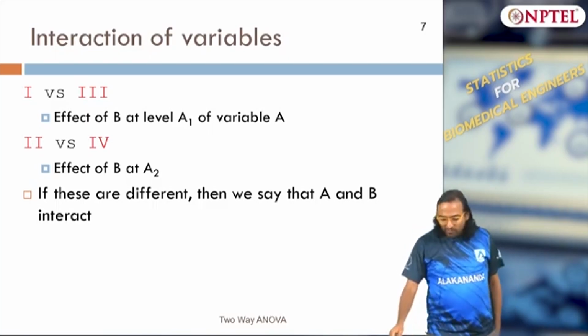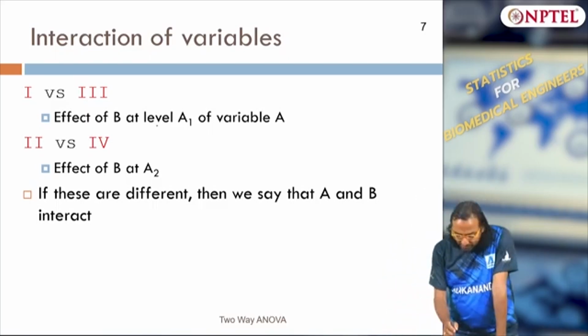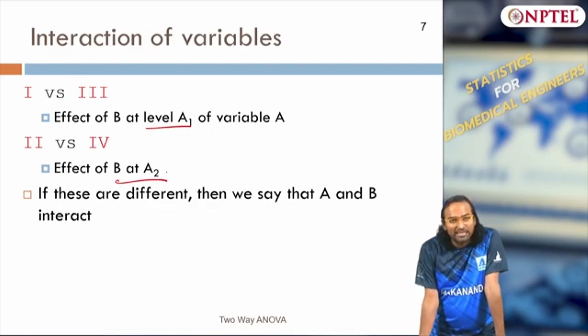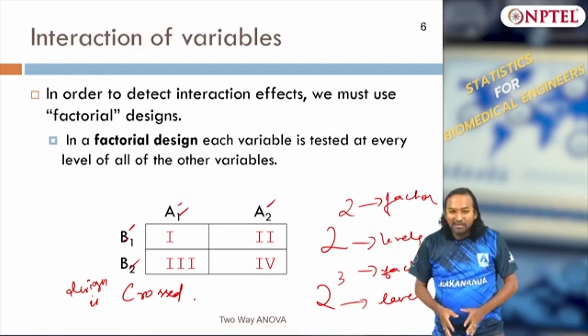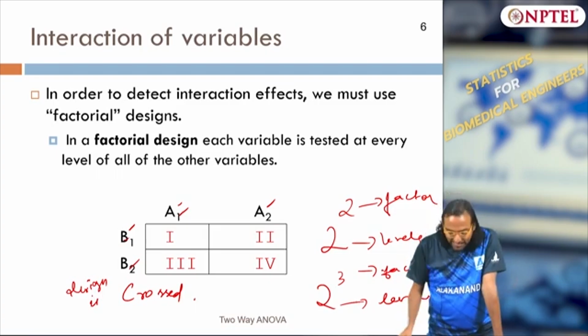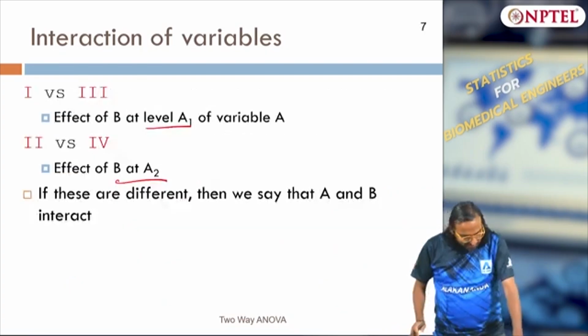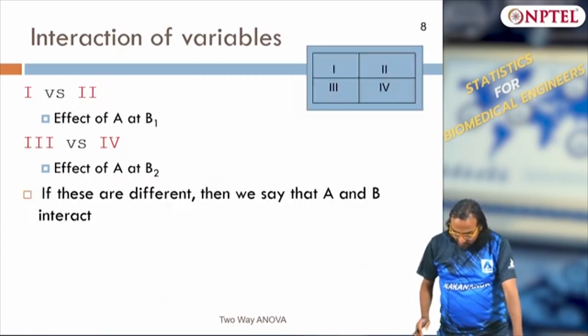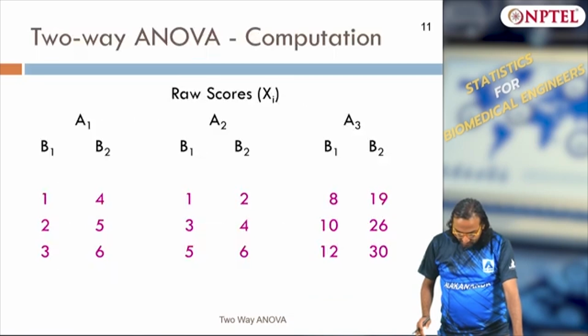So, this is what we are doing: effect of B at level A1 and effect of B at level A2. When do you say there is an interaction? When can I say from this table that there is an interaction? I have this data, and I will give you some numbers. This is 2 power 3.